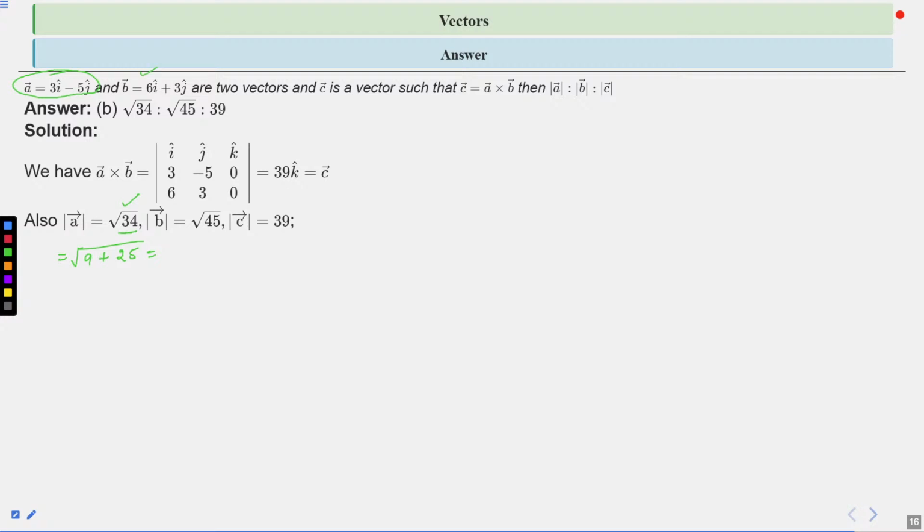And mode of B vector is what? Under root 36 plus 9, which is equal to what? Under root 45. And what is the mode of C vector? That is 39.